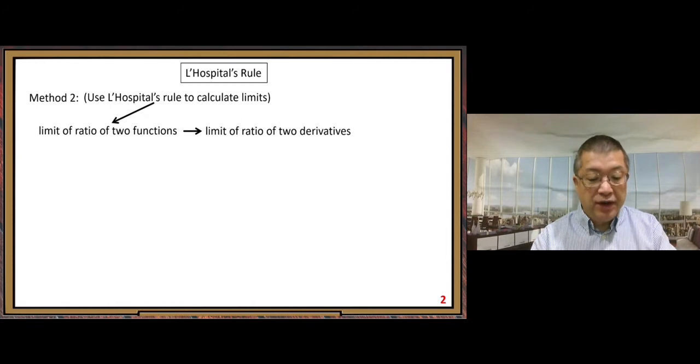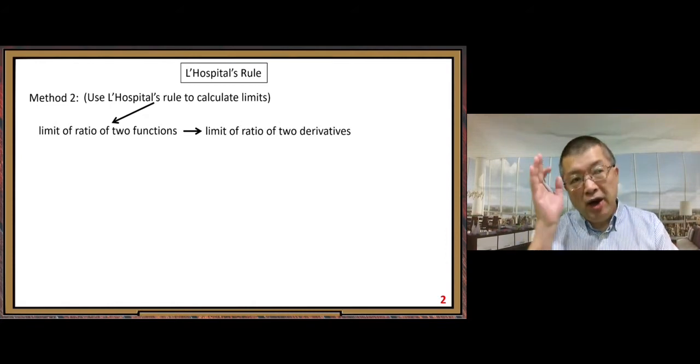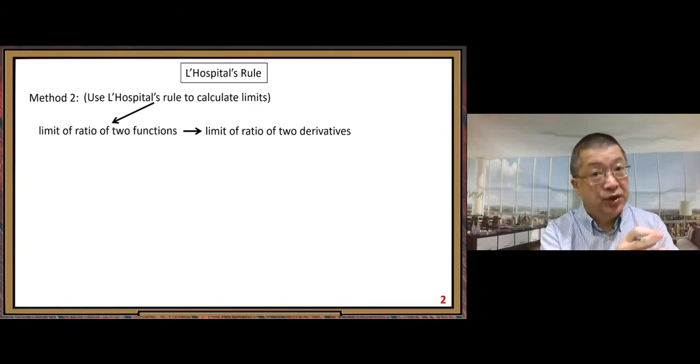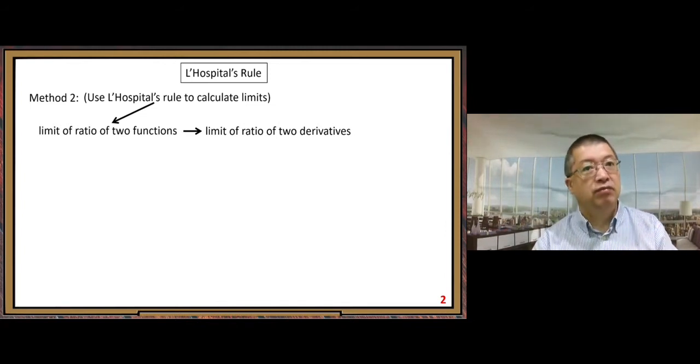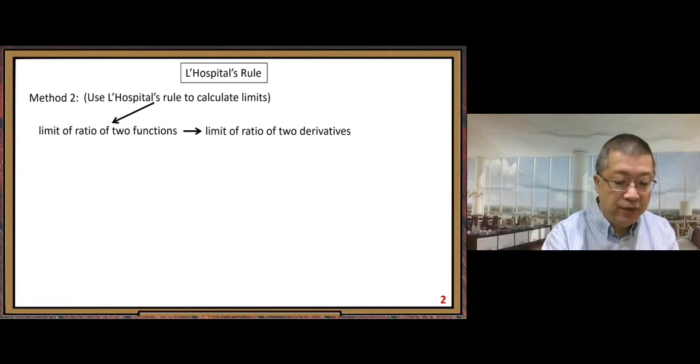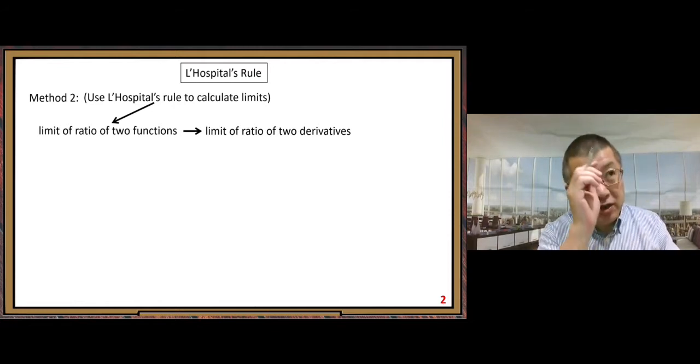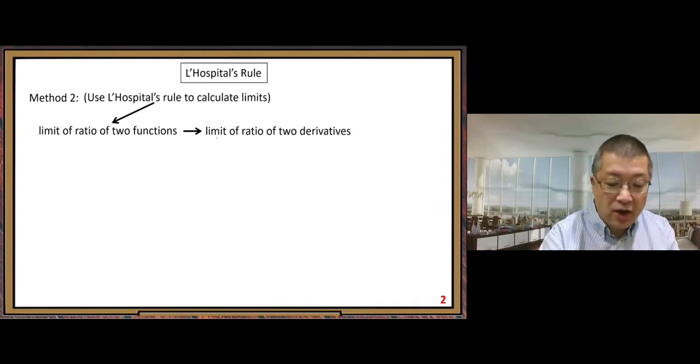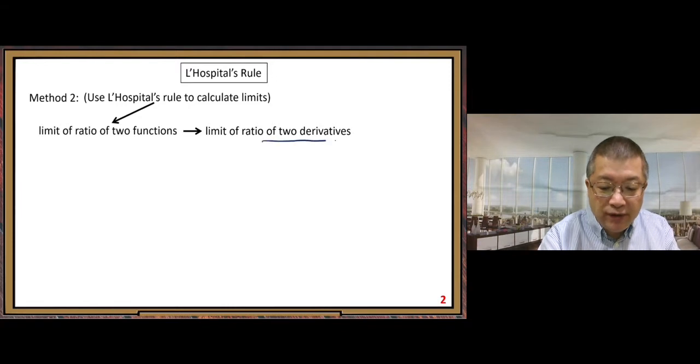So what kind of condition? First, the limit of the ratio should be a special form. When it satisfies that special form, then you can use the limit of the ratio of two derivatives.